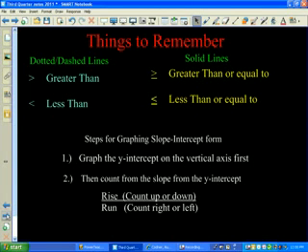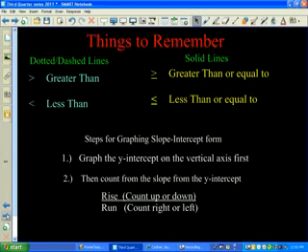And when we're graphing a line, when it comes to inequalities, there's two types of lines that we're going to deal with. We're going to deal with a dotted or a dashed line, and we're going to deal with solid lines. So the way that you can tell when to use which line is based on the inequality. If you have a greater than or just a less than inequality, you're going to use a dashed or a dotted line.